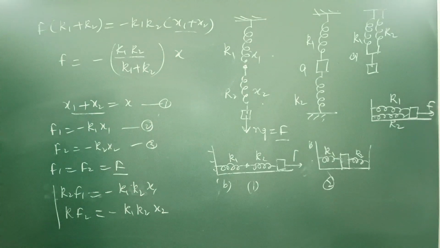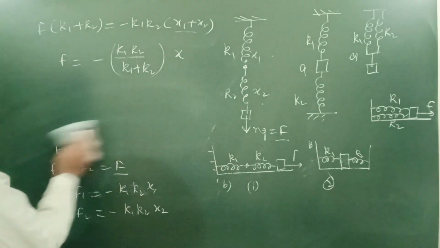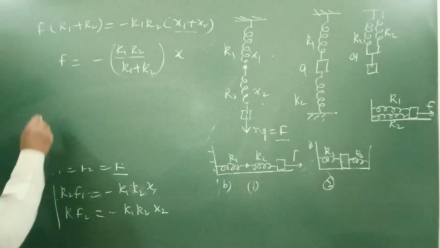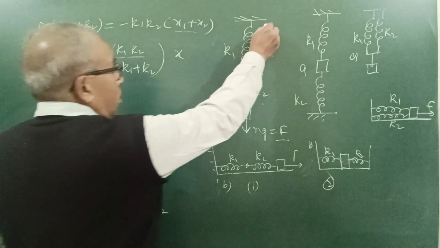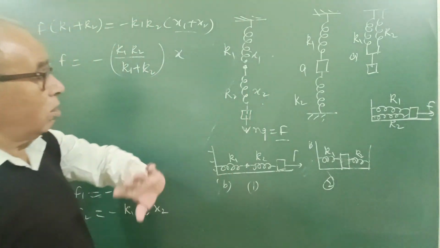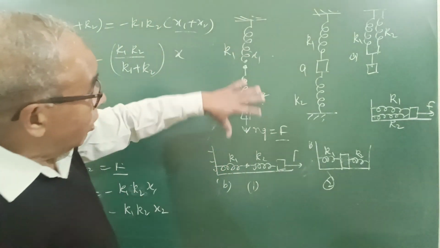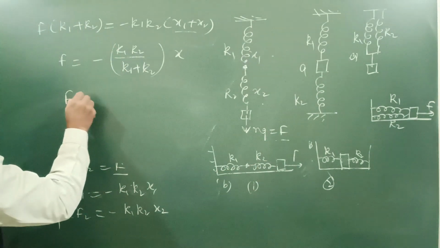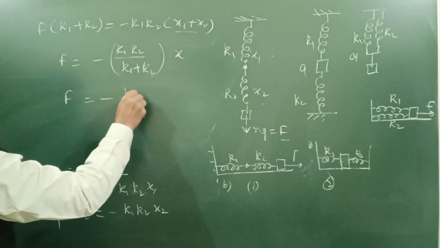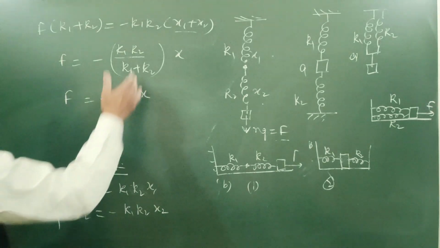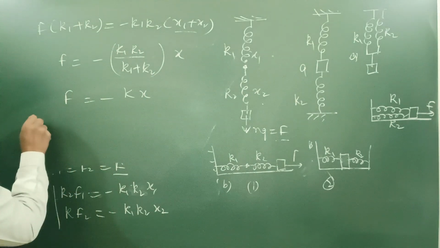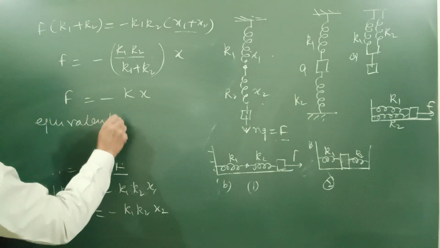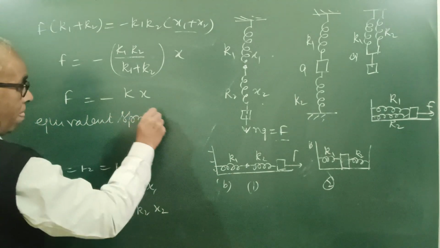So we get the restoring force in terms of K1 K2. Comparing with equivalent, if we use a single spring here, which gets elongated by x when applying force F, then F is equal to minus Kx. Comparing these two equations, we get the equivalent spring constant.